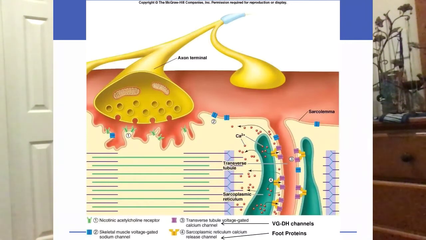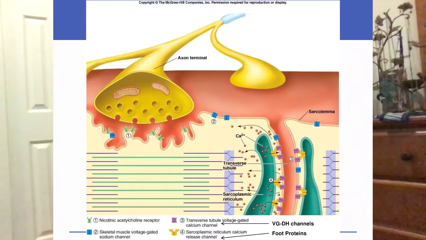Those are each associated with a channel located on the SR. So the voltage-gated DH channels are located on the T-tubules. The calcium channels are located on the SR. Those are also known as foot proteins. So different sources, it'll call it a calcium channel, or it might call it a foot protein. So you want to be aware of all of those.